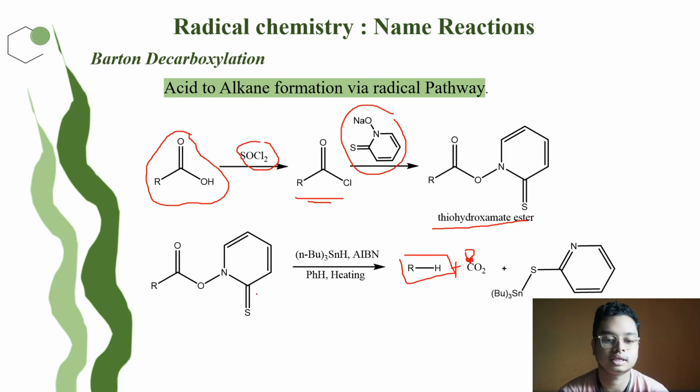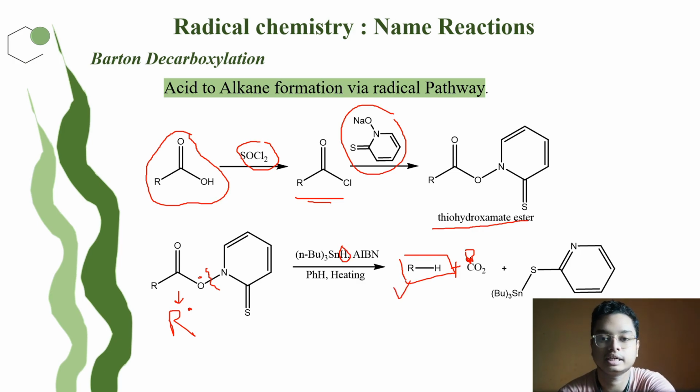If we look at the mechanism, when this thiohydroxamate ester is treated with tin hydride, initially this bond breaks apart and this radical rearranges through the decarboxylation pathway, keeping this R radical in the medium. This R radical will take a hydrogen from the unused tin hydride to generate our corresponding alkane.